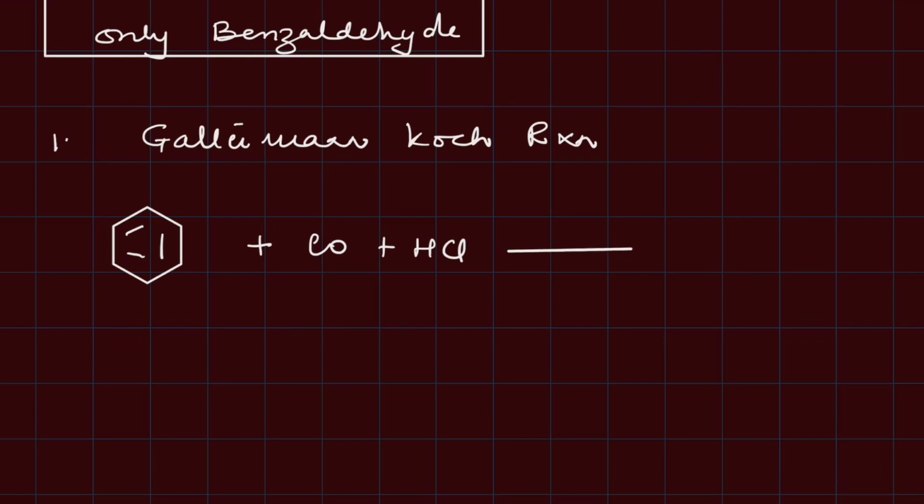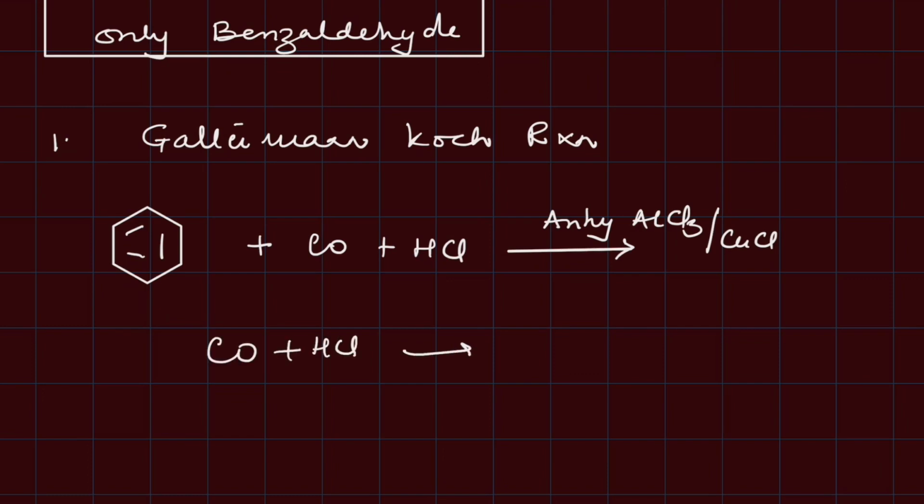And we take anhydrous AlCl3, which helps in electrophile generation, or we can take cuprous chloride. What happens is CO and HCl will give you HCOCl, from where we are able to generate HCO+ as an electrophile.